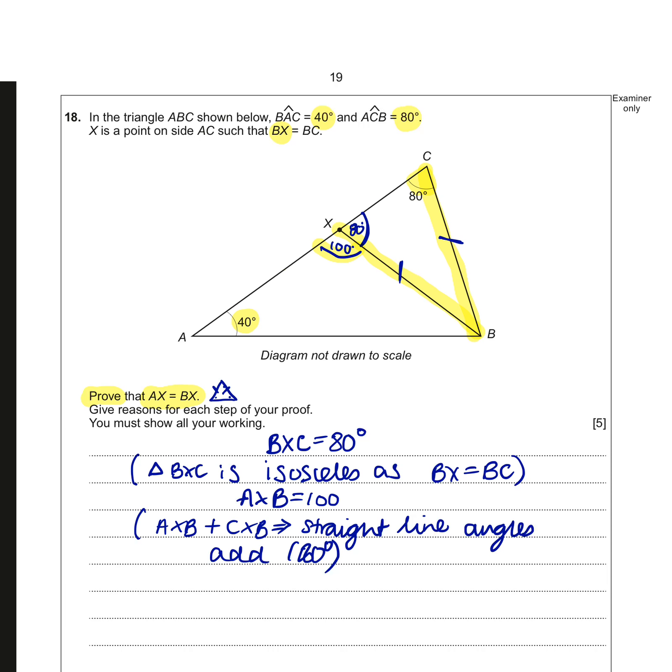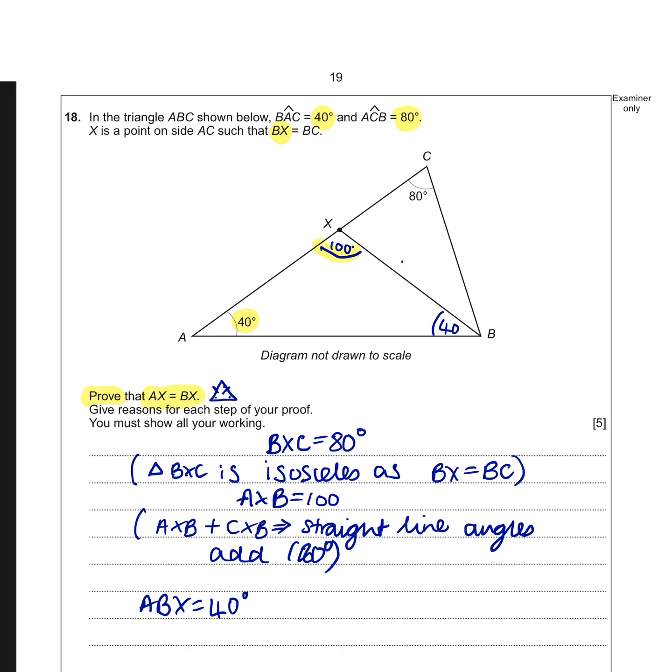This now gives me information in the triangle that I'm interested in. So I now know that that's 100 degrees at the top and 40 degrees in corner A. If I work out the size of corner B here, ABX equals 40 degrees.